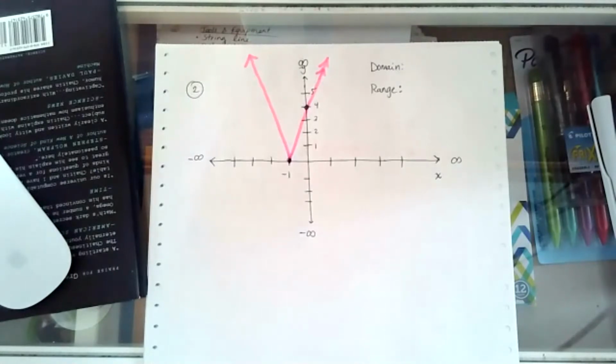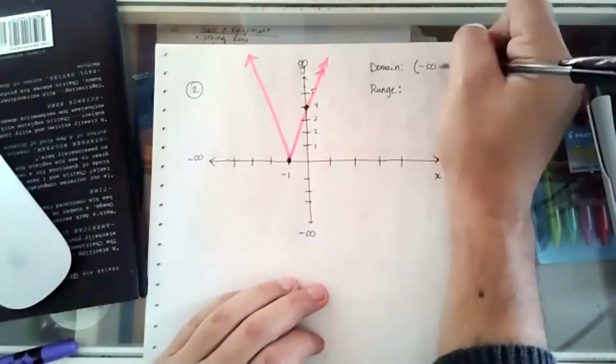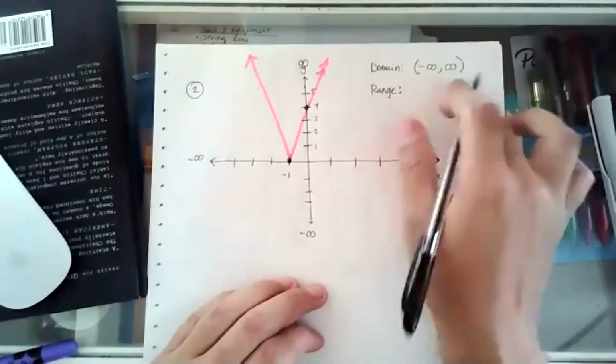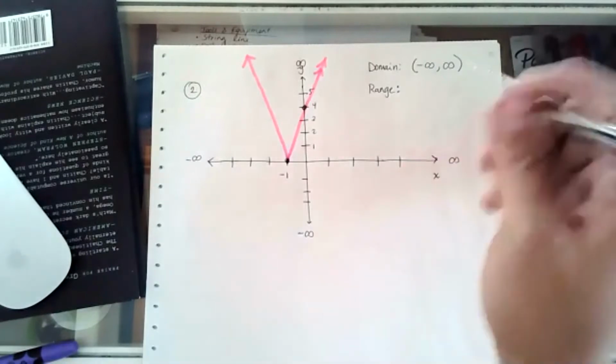So can anybody tell me what the domain is? Negative infinity, positive infinity. Yeah, exactly. Negative infinity to positive infinity. Does anybody have any questions about that? What about the range?